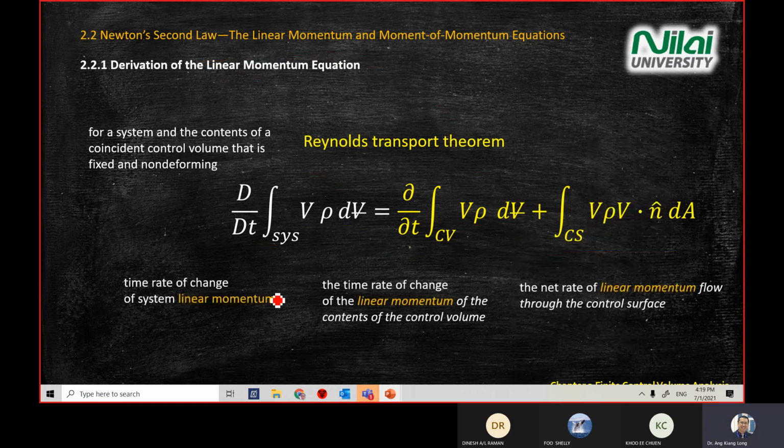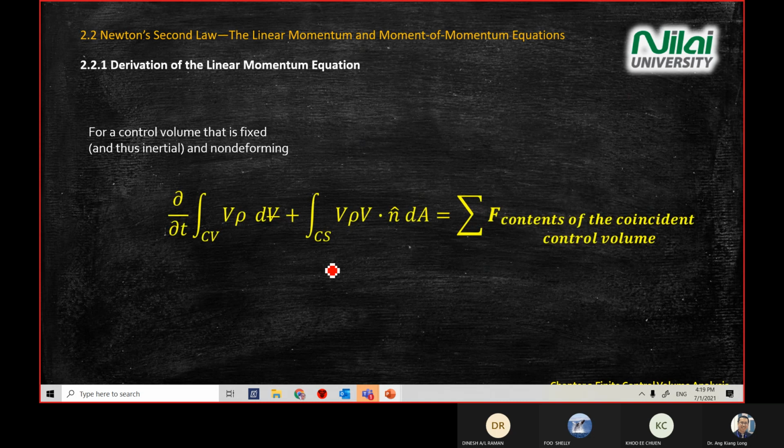Okay. All this you see on the screen here is just a note for what is represented by this term and this term. So we know that when we have a control volume that is fixed and non-deforming, what is happening in the control volume and the control surfaces will equal all the force acting on the control volume.